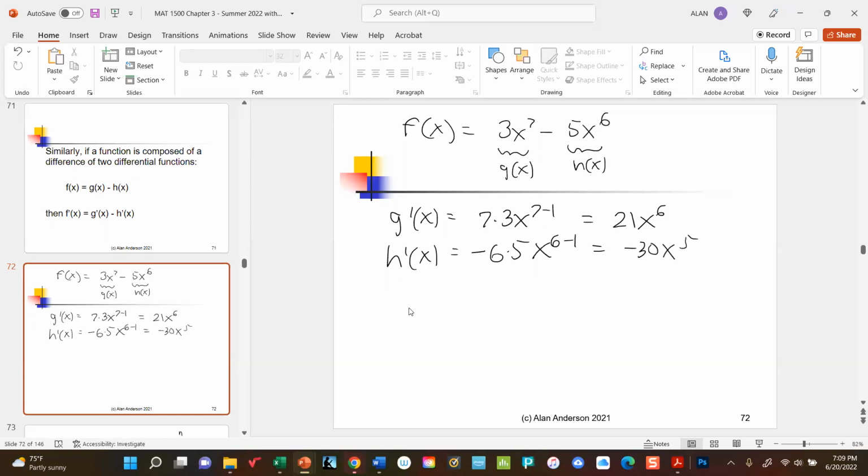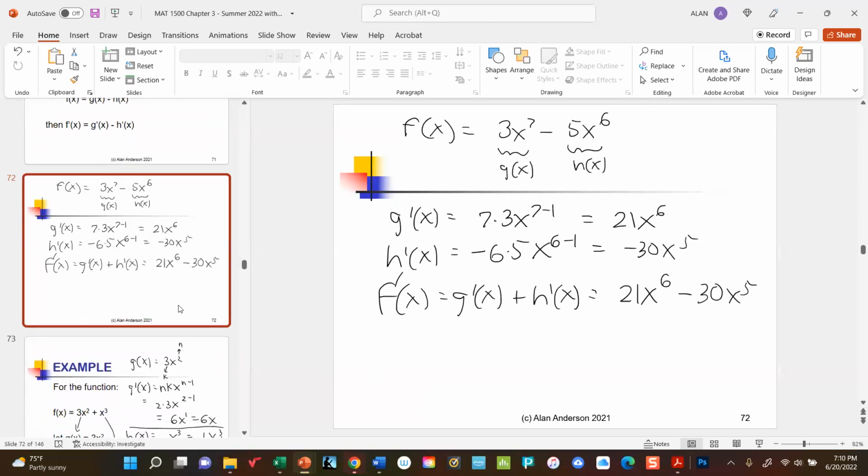So based on the sum rule, actually, this is technically the difference rule, but because I've written this derivative as a negative, it doesn't actually make any difference. Any way you look at it, you're going to wind up with 21x to the 6th minus 30x. And that's all there is to it.